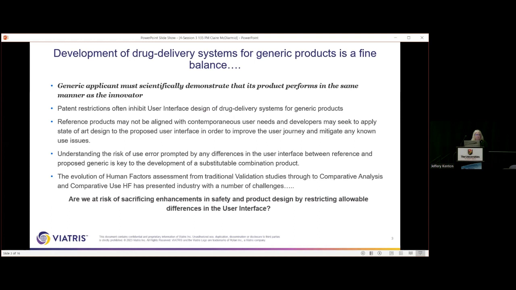It's not the first time that as a pharmaceutical industry or a device development industry, we've been innovative. We've seen through the years the development of drug delivery systems from the point in time where they were just considered plastic packaging and hardly even mentioned in an application, through the development of human factors assessment from traditional validation type studies through to comparative analyses and now comparative use human factors.